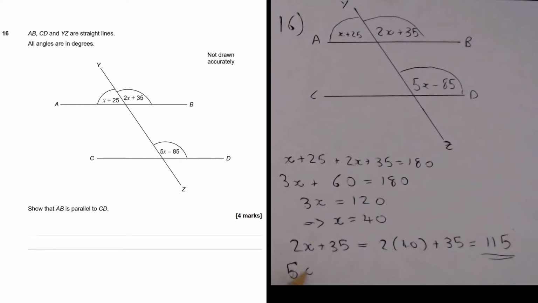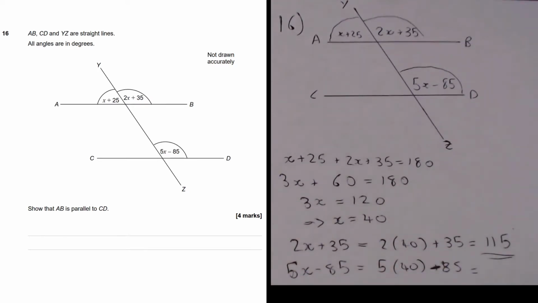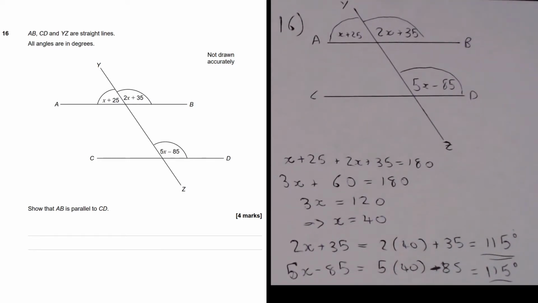So 5x minus 85 equals 5 lots of 40 minus 85. 5 lots of 40 gives us 200, minus 85 does indeed give us 115 degrees. Since these angles are equal, they must be parallel.